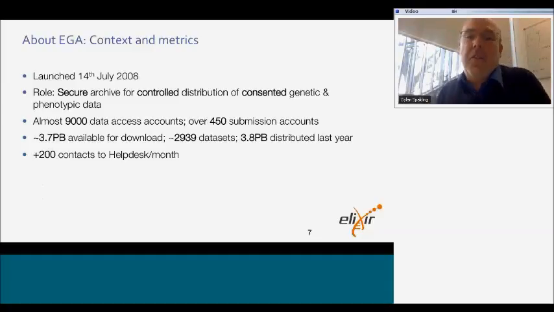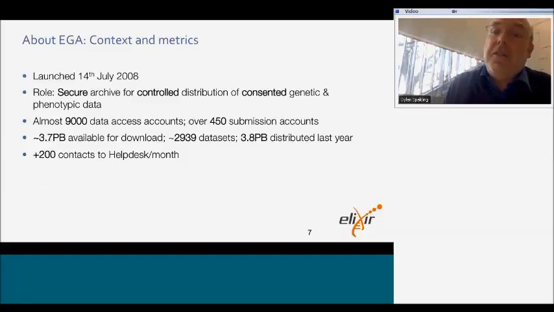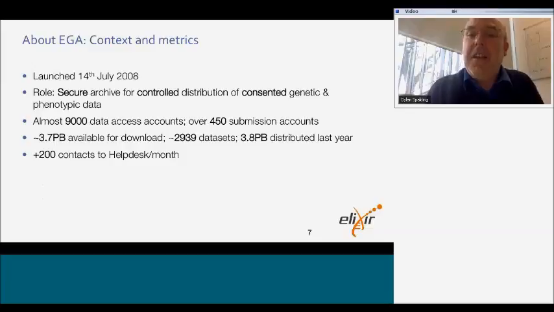Currently, we have just over 3.7 petabytes of data available for download, in just under 3,000 data sets. And last year, we distributed 3.8 petabytes of data to various requesters. We also have a help desk, with around 200 contacts a month, and the help desk is quite important in regards to this project, so I'll explain in a bit.